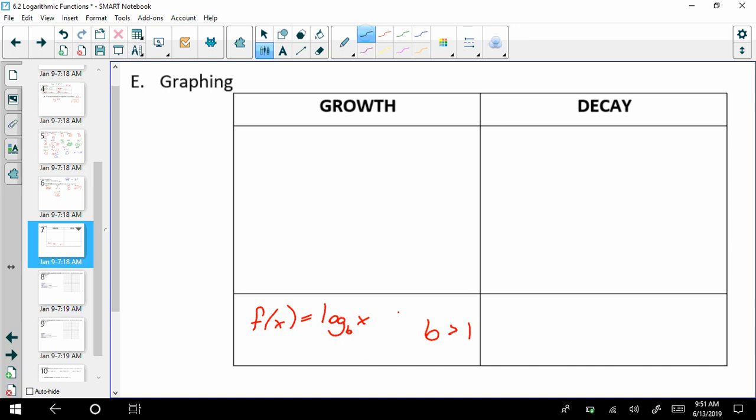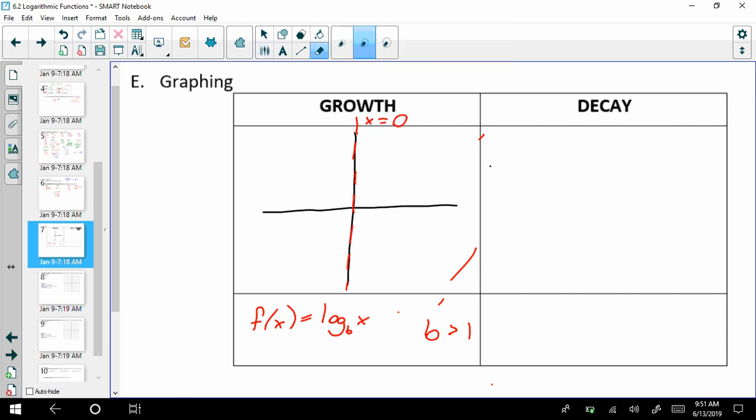That's what makes it a growth. So what you end up seeing when you graph these, since they are the exact opposite of exponential functions, they're the inverse. Instead of having a horizontal asymptote, they will have a vertical asymptote at x equals 0. They're the exact opposite.